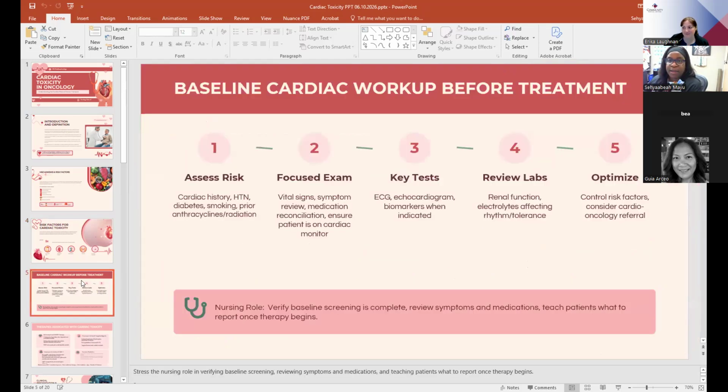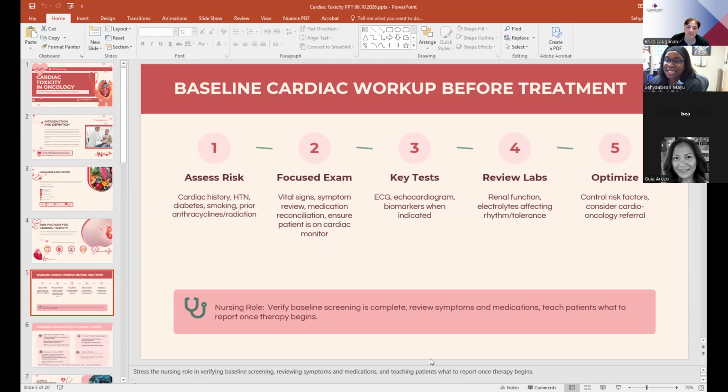We're looking at baseline cardiac workup for treatment, so assessing their risk, any type of cardiac history, hypertension, diabetes, smoking, and then we're looking at focused exams, vital signs, symptoms review, medication reconciliation, and we want to make sure that this patient is on cardiac monitoring, because again, if they have a pre-existing history of cardiac issues, we want to make sure that we are on top of it sooner rather than later.